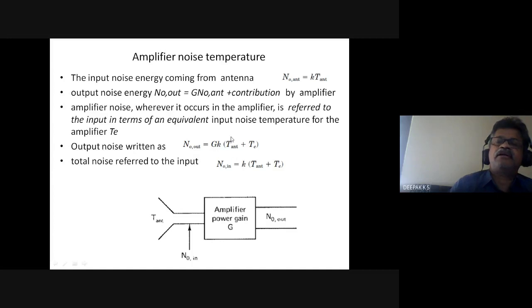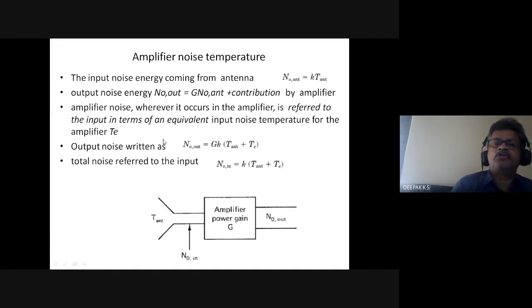antenna, which is the gain times the noise coming from the antenna, plus gain times K times the equivalent noise temperature, which is referred to the input. This is the normal way of writing the output noise. You refer the noise produced by the amplifier in terms of an equivalent noise at the input.